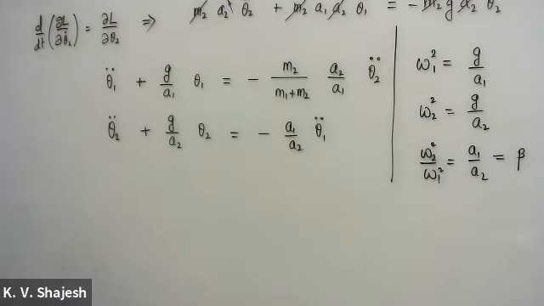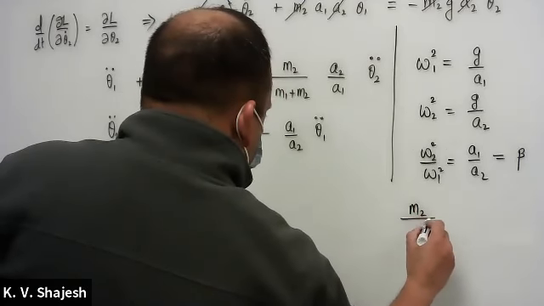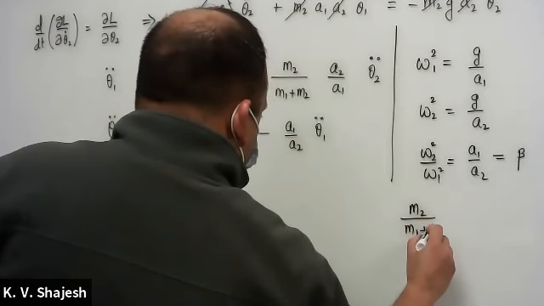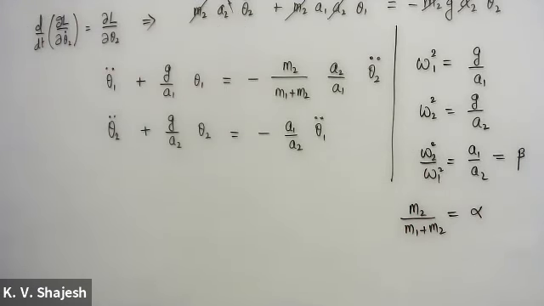And there is one more variable, M2 over M1 plus M2. Let's call that alpha. Let me check these equations.